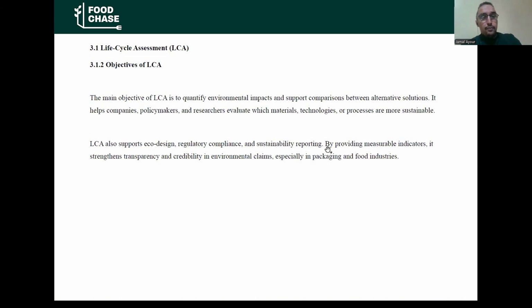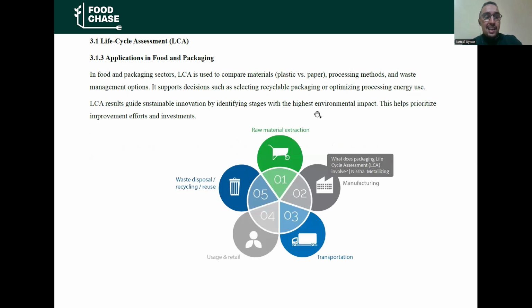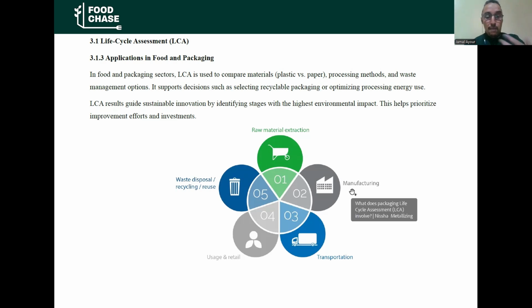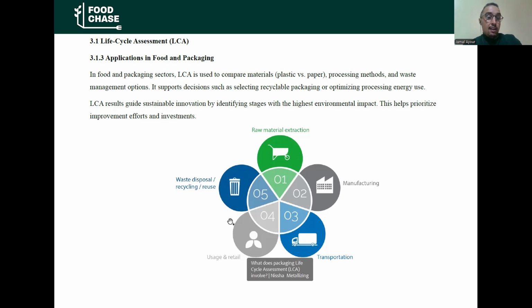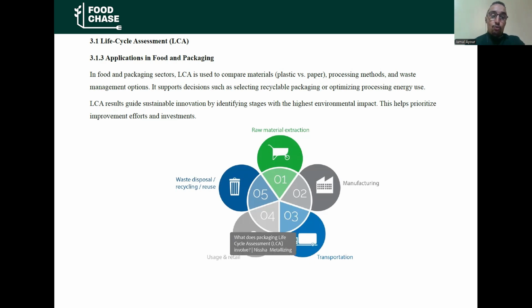The application of LCA in food and packaging is a very important principal axis for any industry, because it covers the production chain from raw materials, as you can see in this picture, through manufacturing, transportation, use of the product, and then end of life and waste disposal.